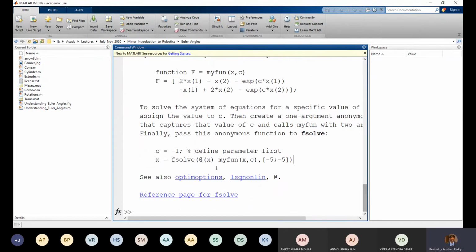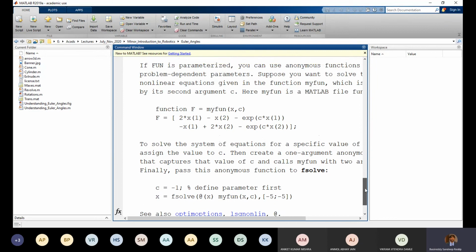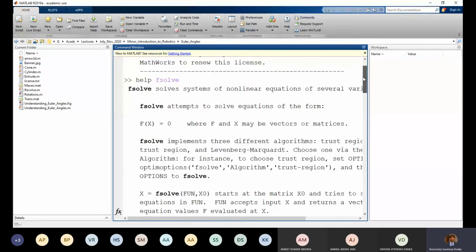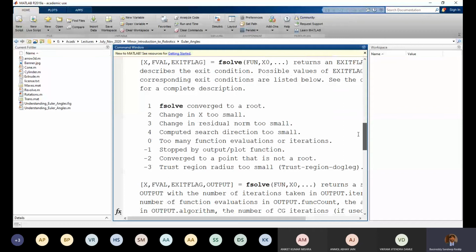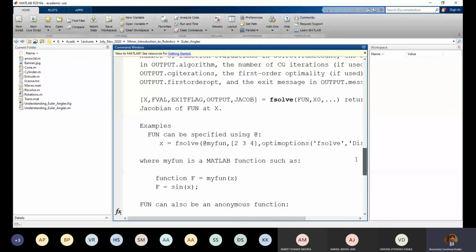When you put this in, you should get some value of x. So just go through this, how to use fsolve. Just type help fsolve and an entire explanation will come in MATLAB as to how to use it, with an actual example also.